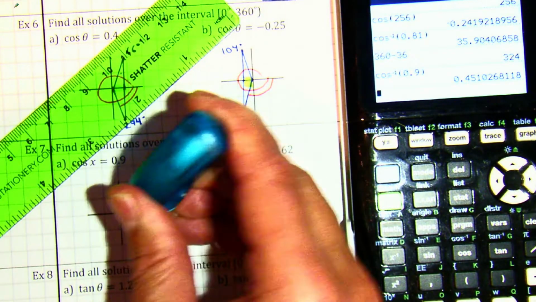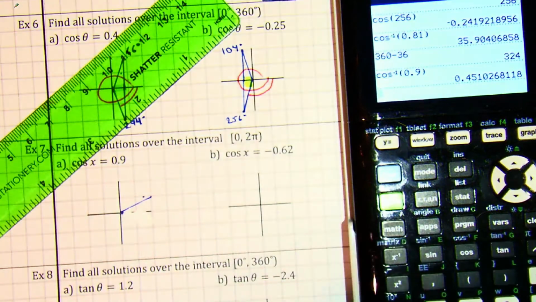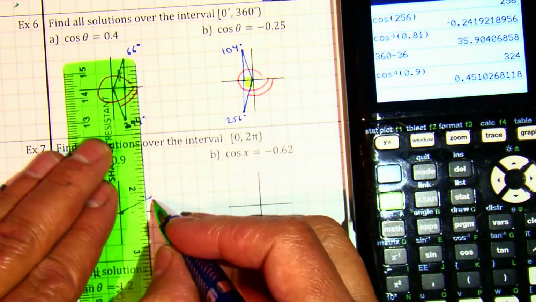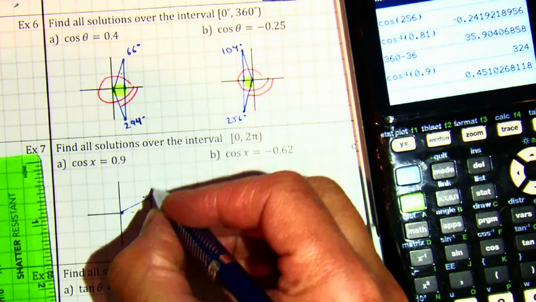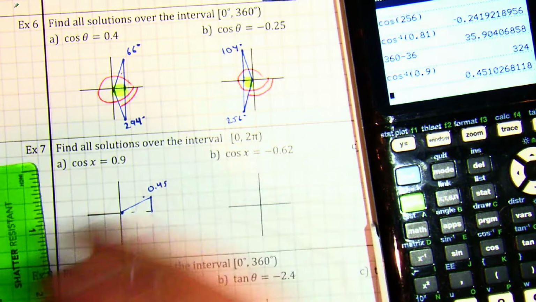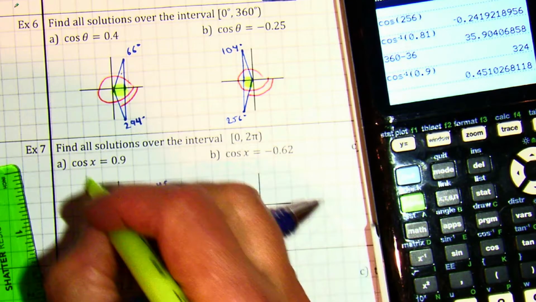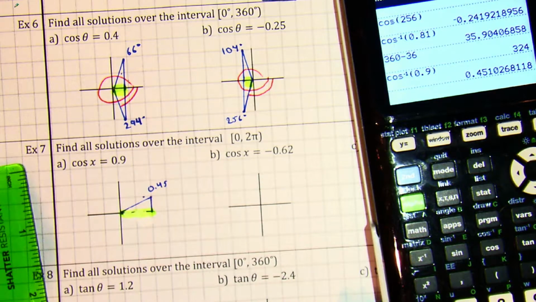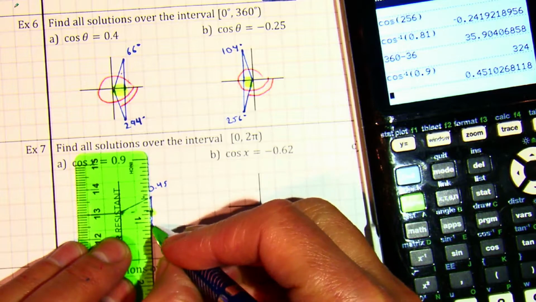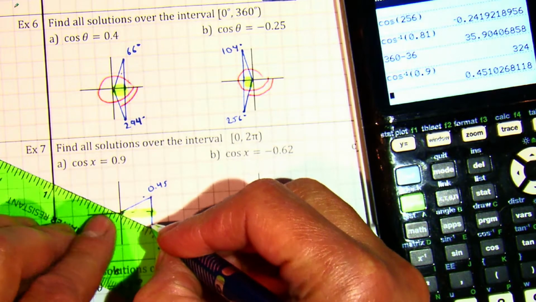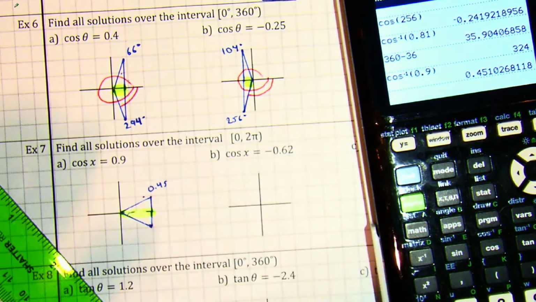So now we're looking for the other angle. So this is 0.45, and we want the angle that has the same x value, since we're working with cosine. And yeah, that one should be down here. But I need to erase it after all.